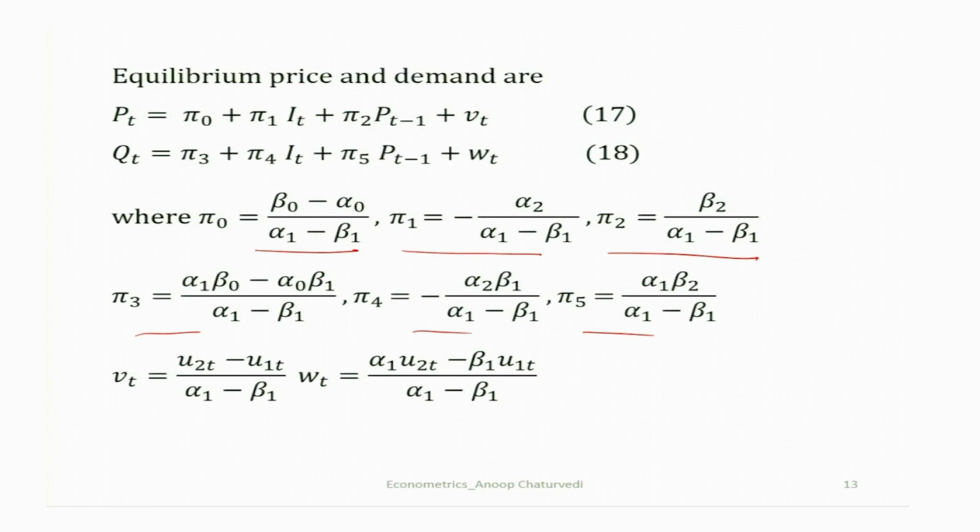In all, you have 6 reduced form coefficients, and then you have 6 structural parameters. So, there is a possibility that you get unique solutions.